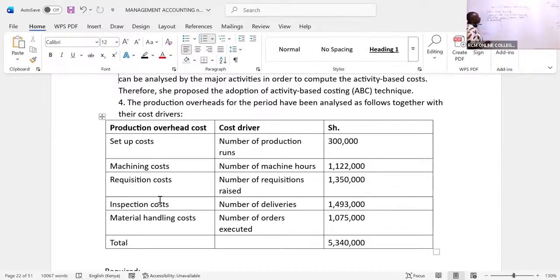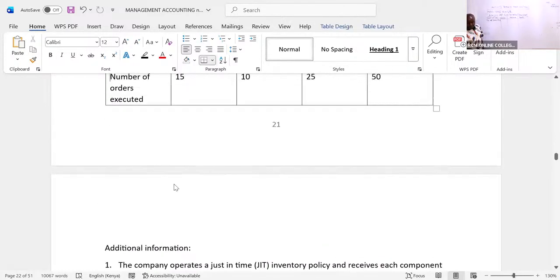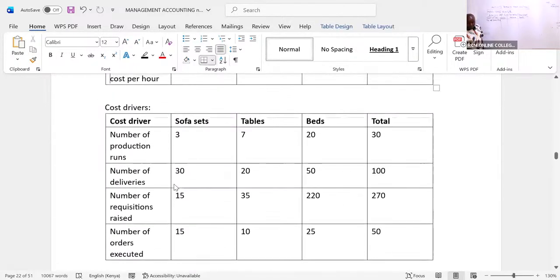So number of production runs, how many do we need? Look for the cost drivers, the numbers, in the second table or the table up there. So number of production runs, we have 3, 7, 20, giving us a total of how many? 30.